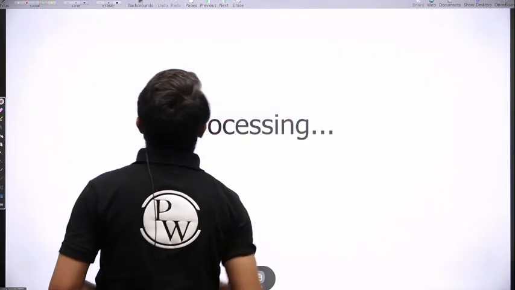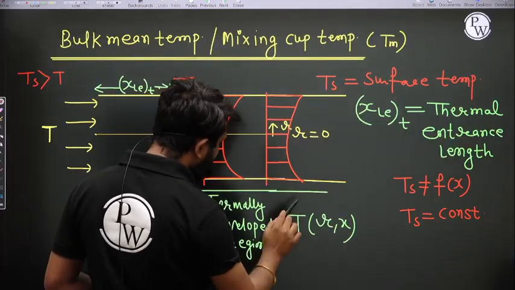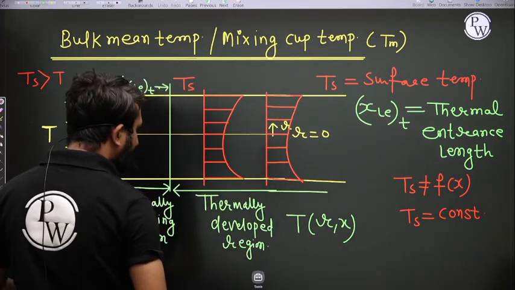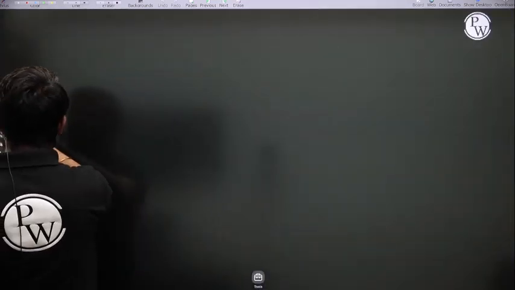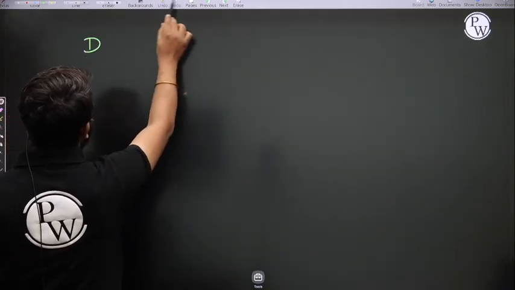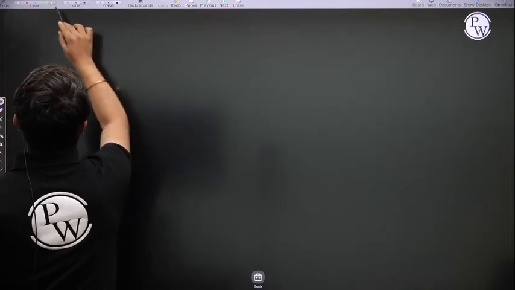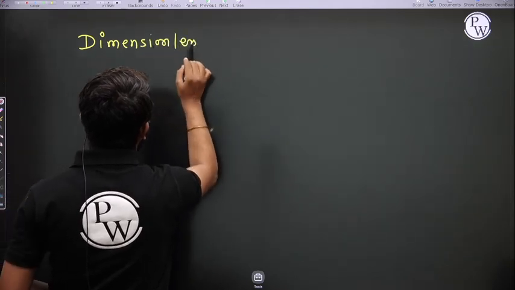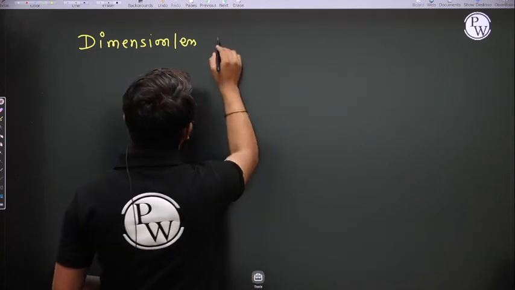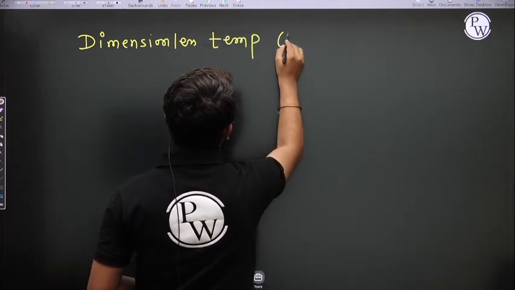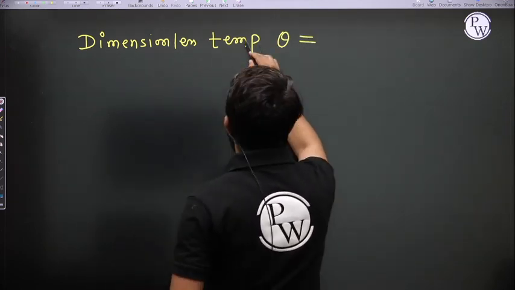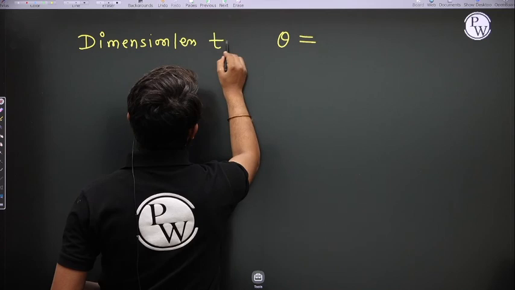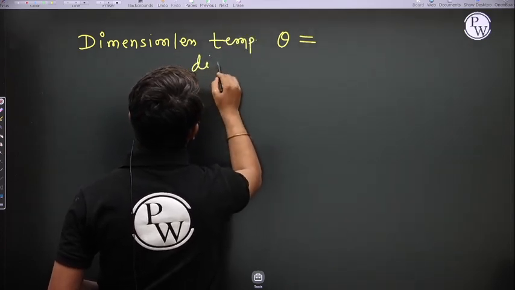And that's why, because in the thermally developed region T is a function of R and X both, to define the thermally developed region I am considering a dimensionless term, or you can say a dimensionless temperature difference, and that is theta.